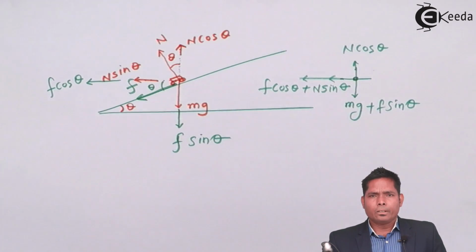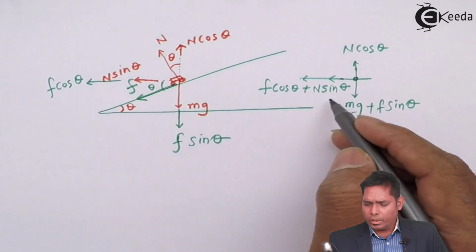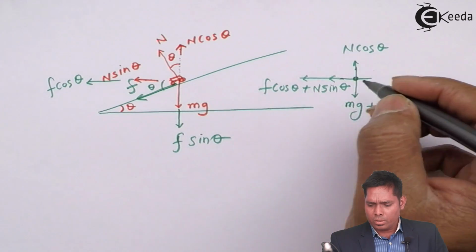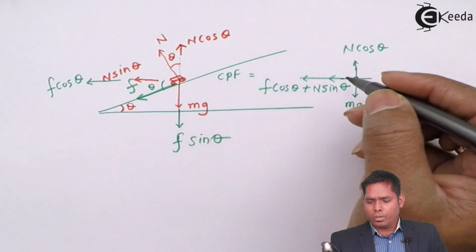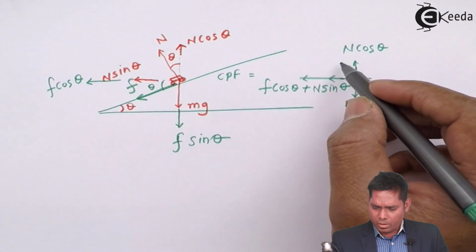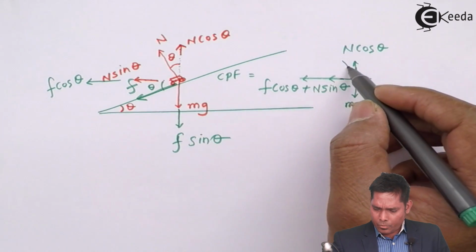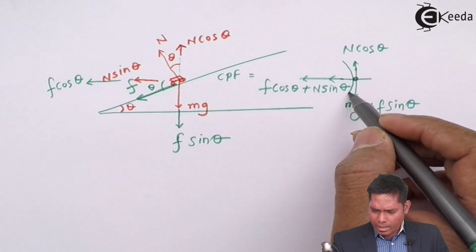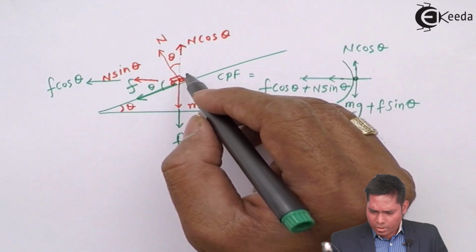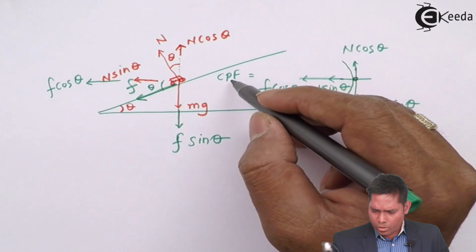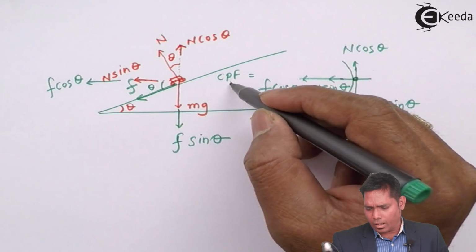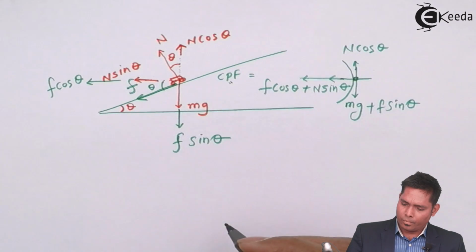This provides the centripetal force required for circular motion. If this is the direction of velocity, the centripetal force will be towards the center of the circular motion.